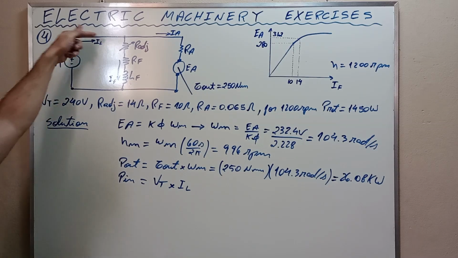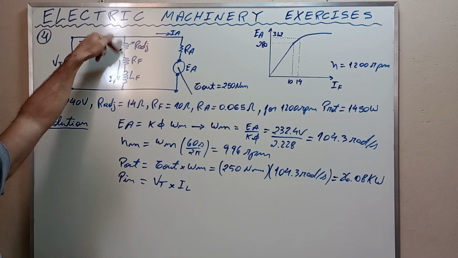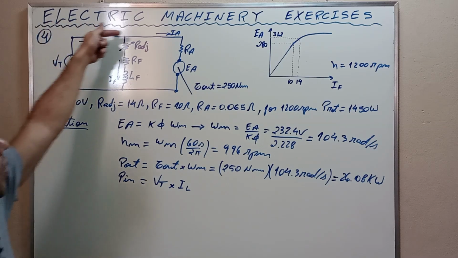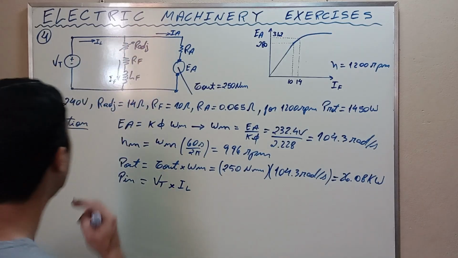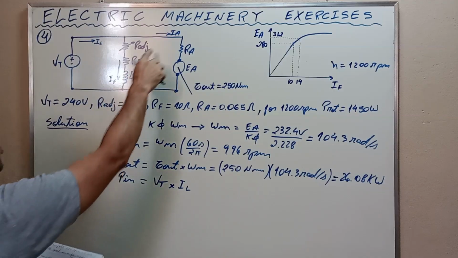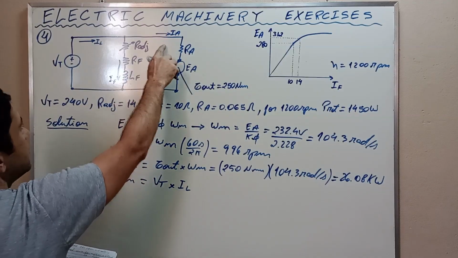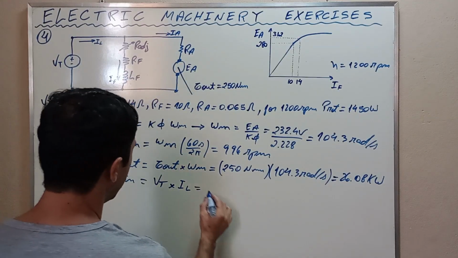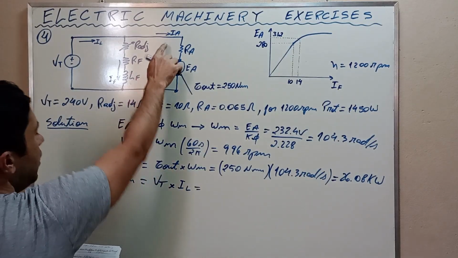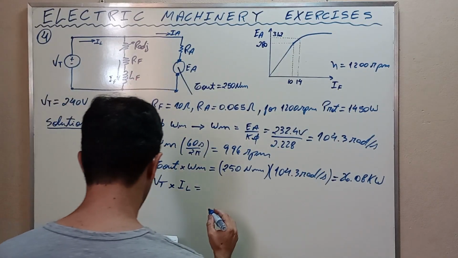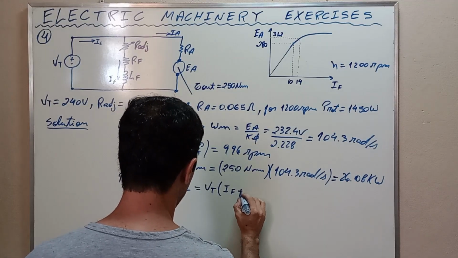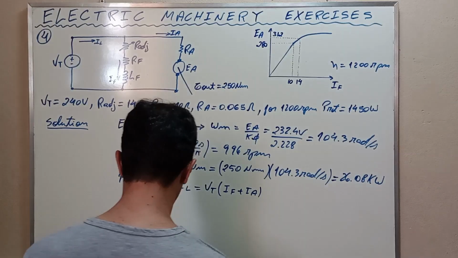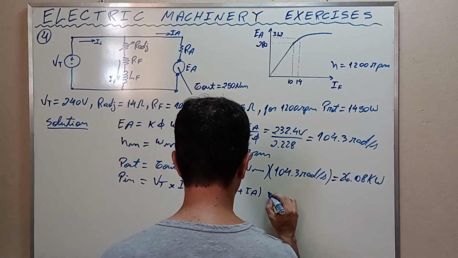Part of IL goes to the field and part of IL goes to the load. And IL is equal to IF plus IA. We already know IF and we already know IA.